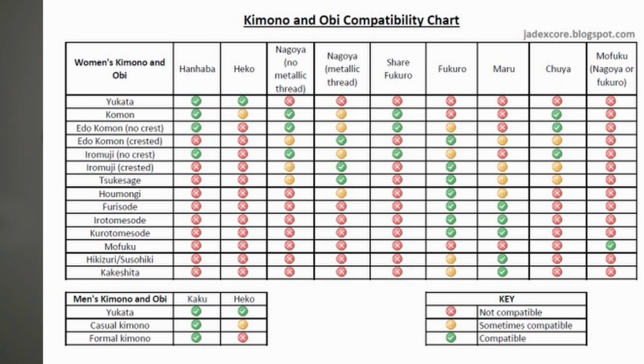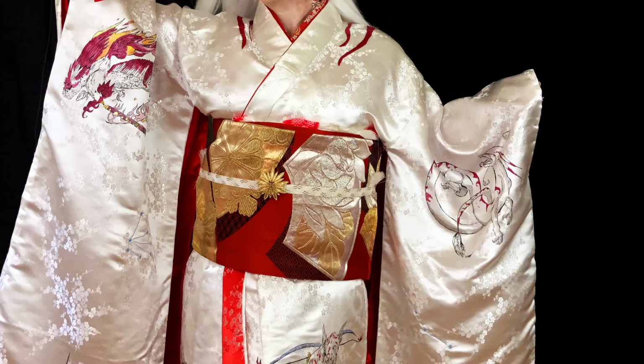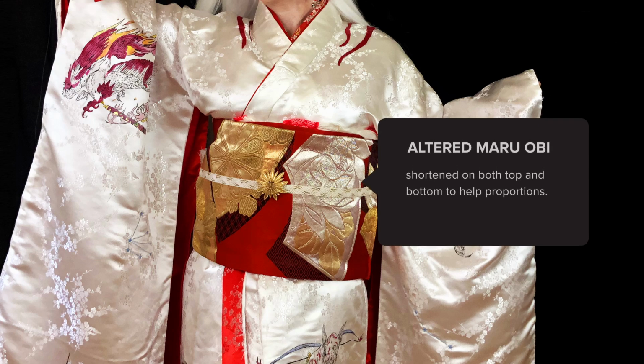I actually shortened the obi so that it would be more proportional to my waist, as well as because I knew I was going to have a shield on my back, which was going to limit the amount of space that my back had. There wasn't going to be all of this space behind for this big, beautiful obi knot.